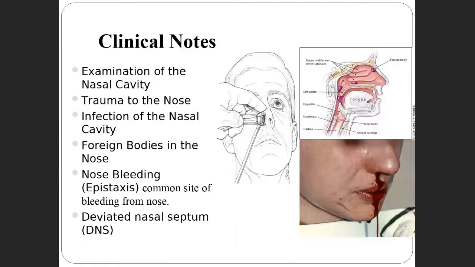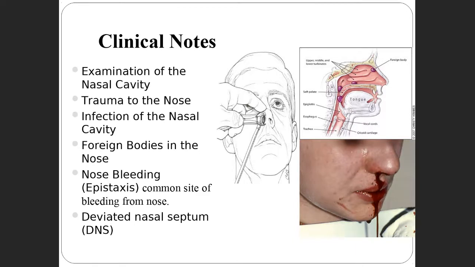And then these are the clinical notes. What are the things that happen in the nasal cavity? One is how to examine the nasal cavity. Then trauma, and infection. Most commonly you will find infections in the nose, and nowadays we are more conscious about the COVID virus also. We should wear a mask and protect the nose.